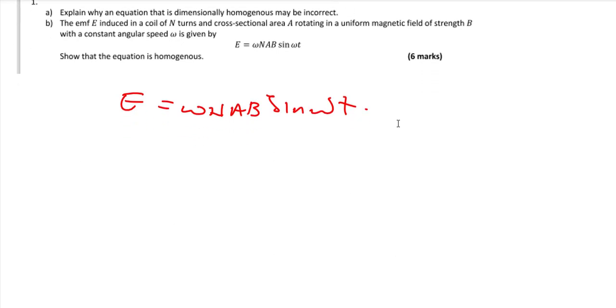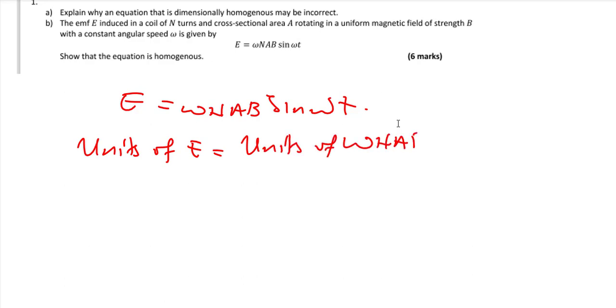Show that the equation is homogeneous. So what will it take to show that the equation is homogeneous? It suffices for us to show that the units of E should be equal to the units of omega N A B sine omega t.